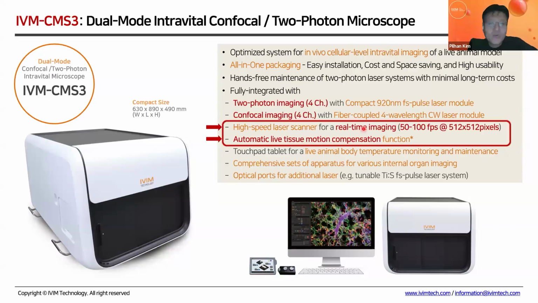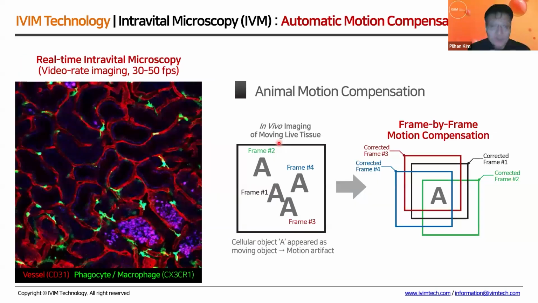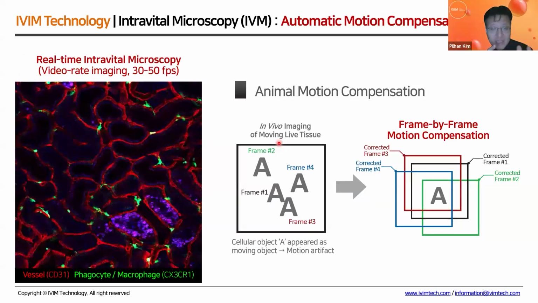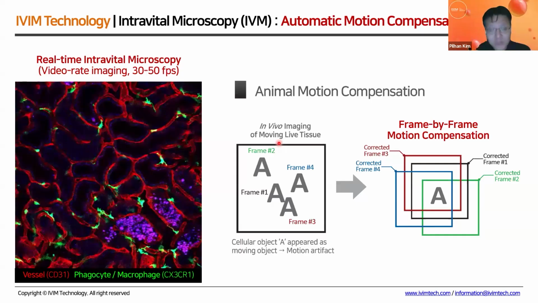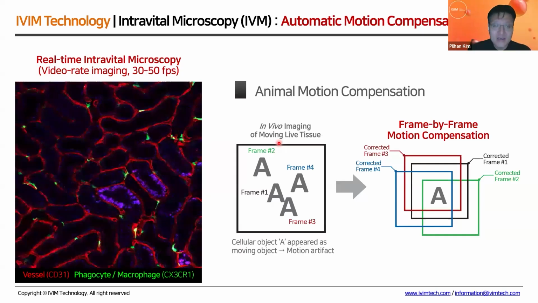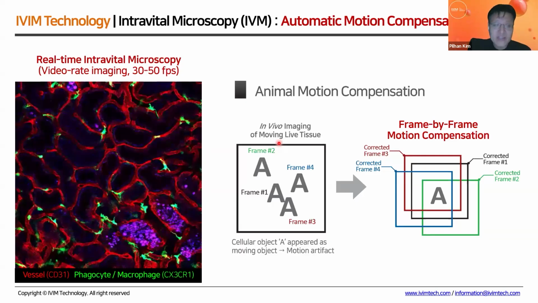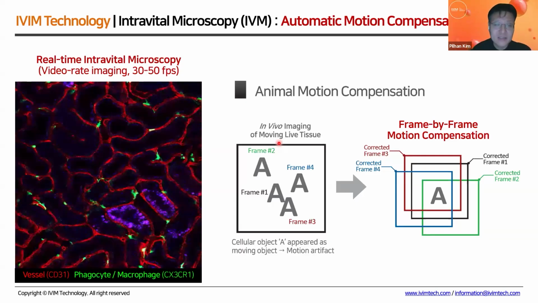Based on this real-time imaging capability, we built in an automatic live tissue motion compensation function. As you can easily imagine, if you image an internal organ in a live animal model, we always suffer this kind of tissue motion on a microscopic scale, because of the breathing and also the heart beating.